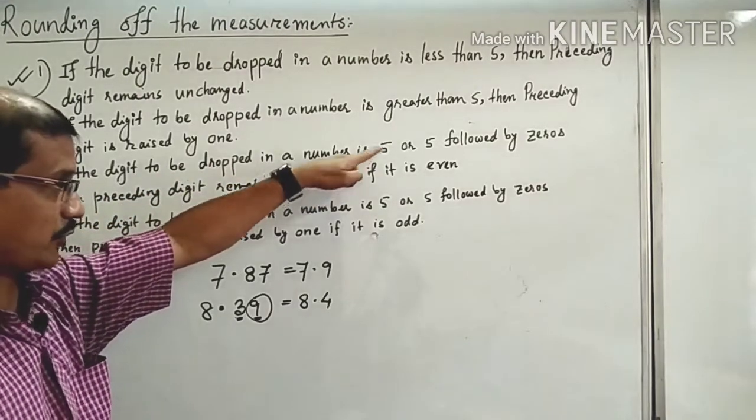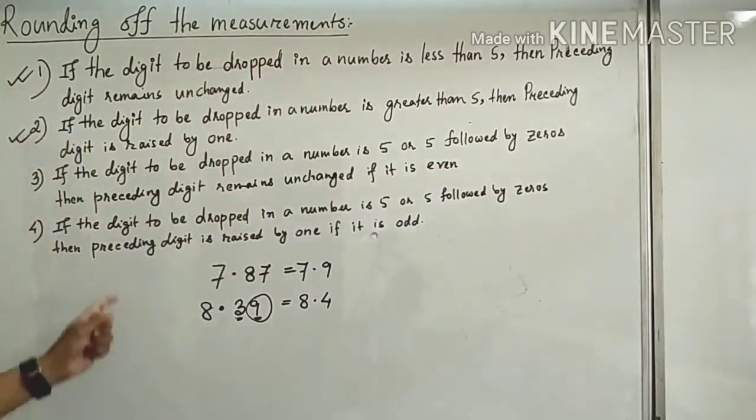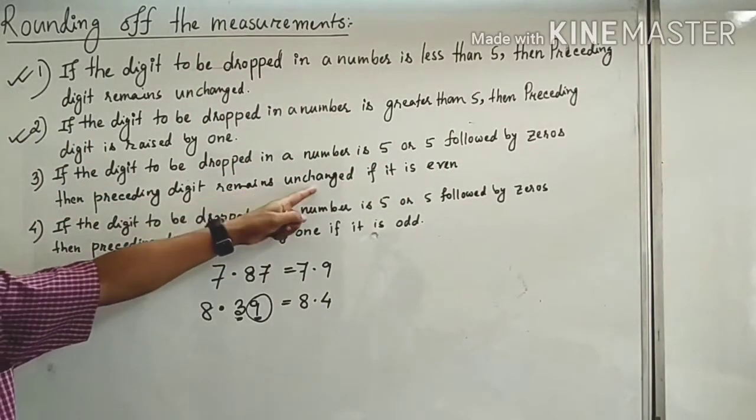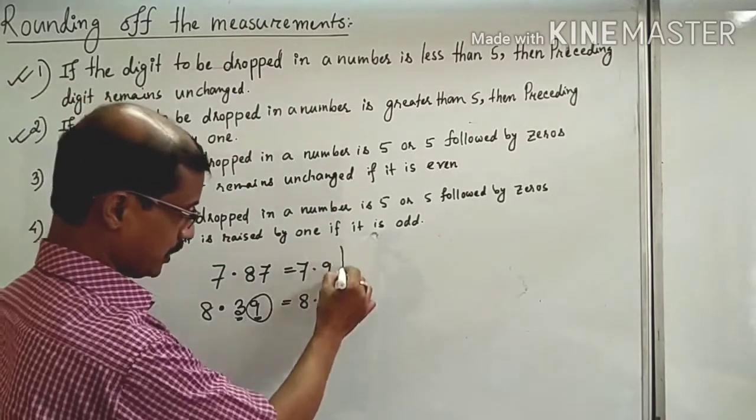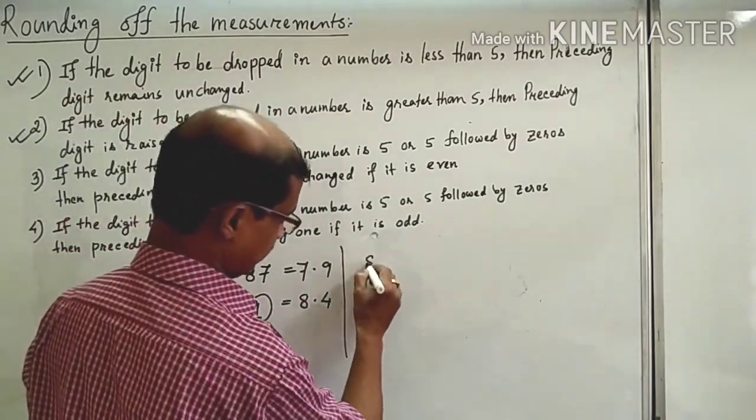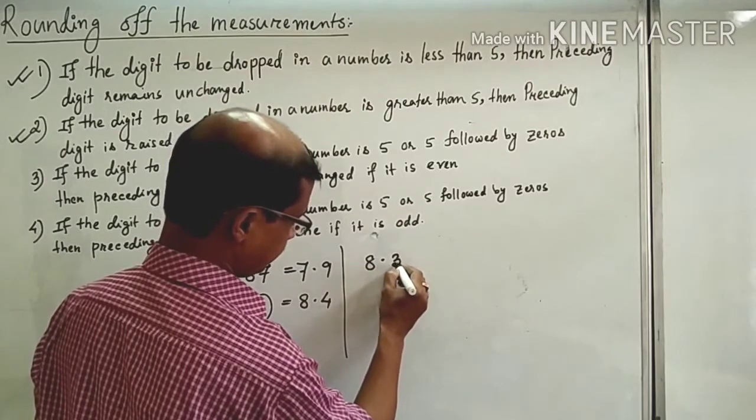Next you have the third rule: if the digit to be dropped in a number is 5 or 5 followed by zeros, then the preceding digit remains unchanged if it is even. Suppose we have a number 8.25.